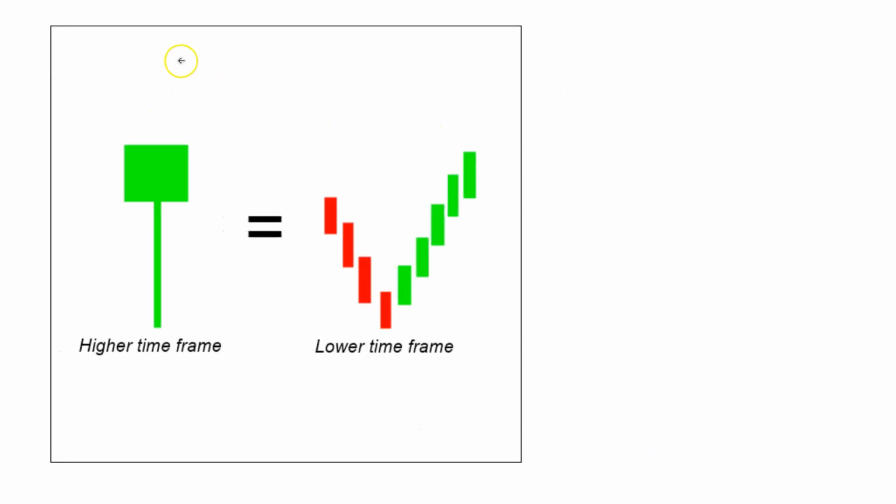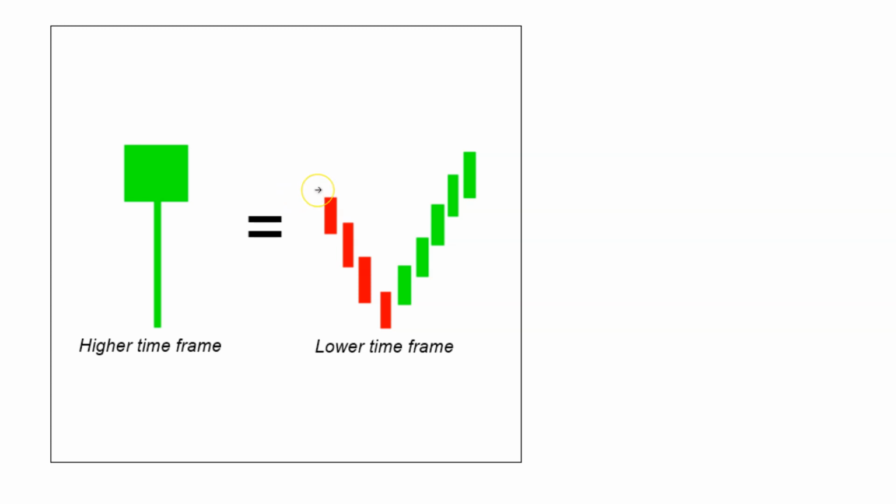Now let's look at the structure of the bottoming tail. Here we have the candle in a higher time frame, and here we have a candle in a lower time frame. For example, let's take the higher time frame as a day and the lower time frame as half an hour or an hour, right?